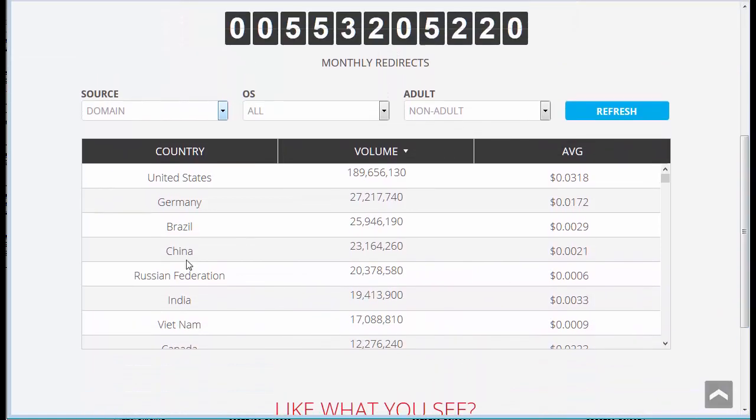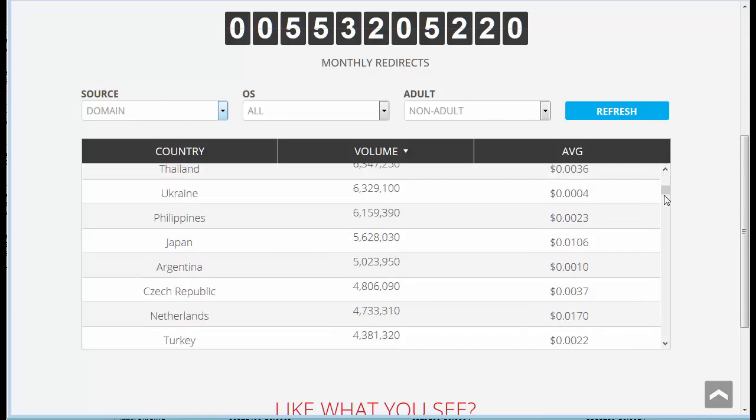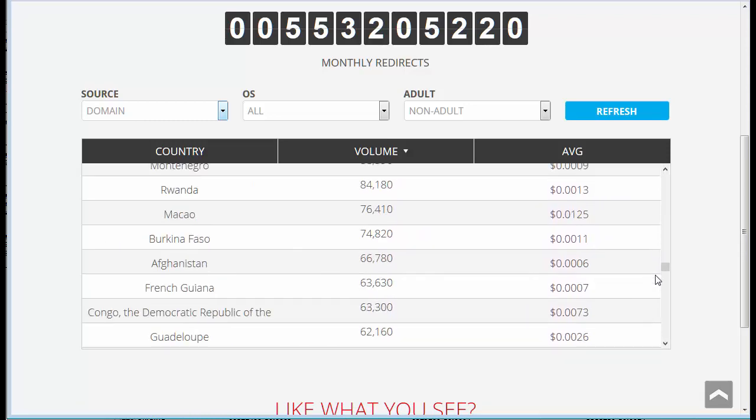If it is only one country, one geo target that you're looking at, it's okay to do it this way.